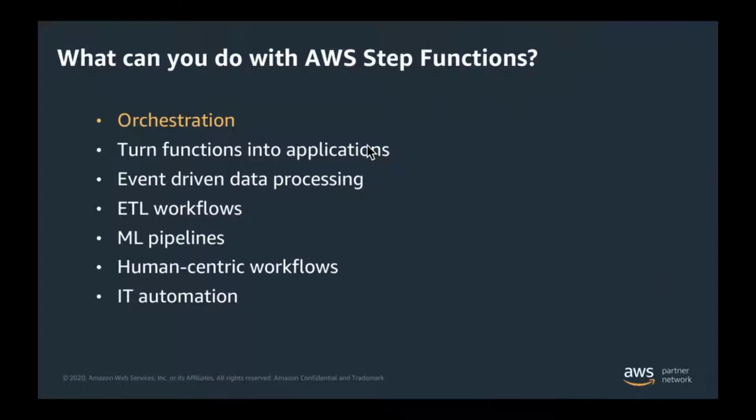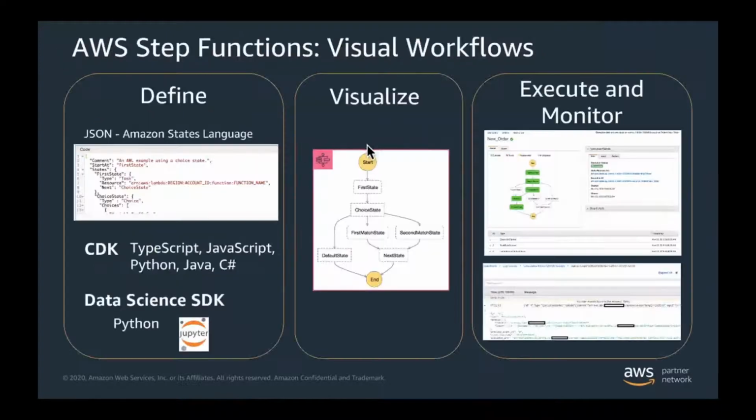It's driving everything from really short, fast data processing workflows through to really long-running human-centric workflows. A human-centric workflow could be driving an insurance application process or some sort of approval process or something like that.